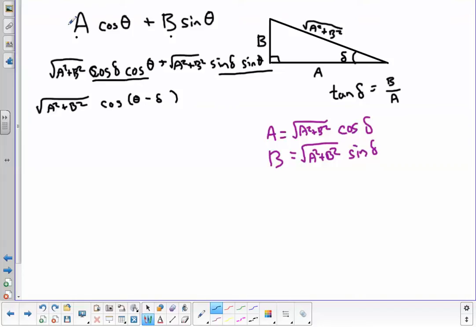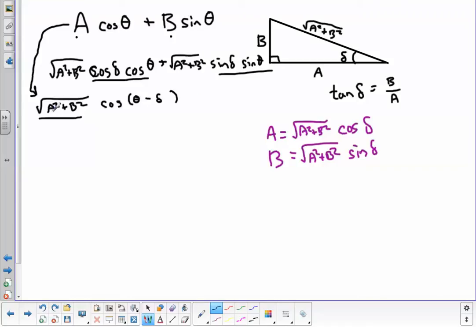So we have turned a cosine and a sine separately in two different terms into a single cosine term, and we just had to pay the price for simplifying that part of it with a little bit more complicated on the inside and a little bit more complicated number on the outside. But the benefit again is that it's now down to one cosine. So this is a nice little trig fact that we can turn things that look like this into things that look like this.